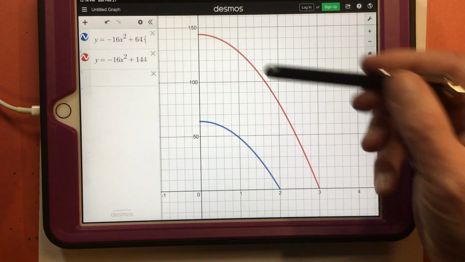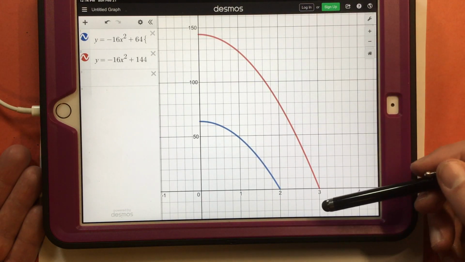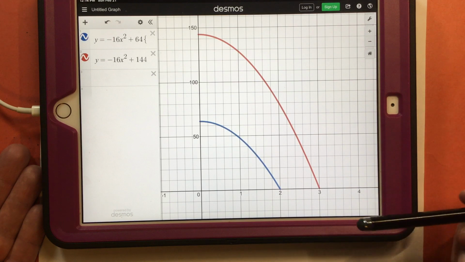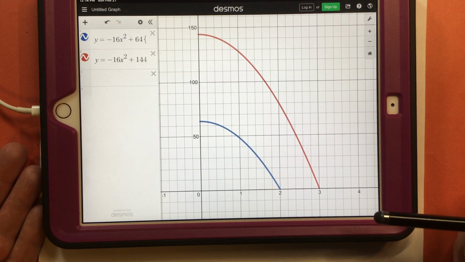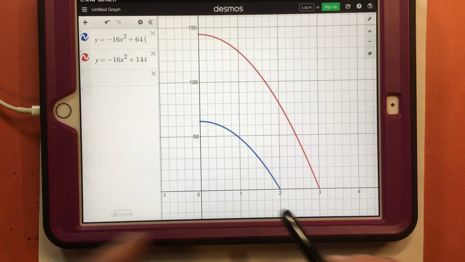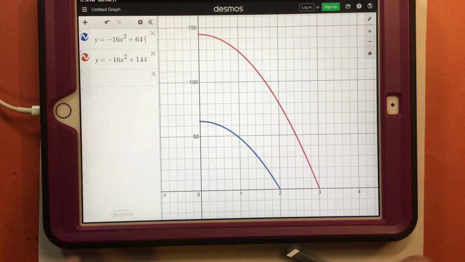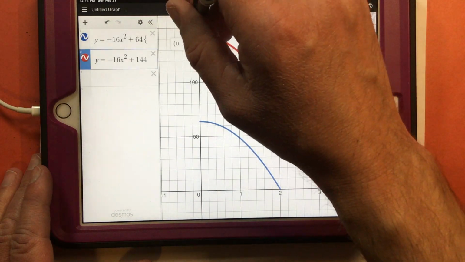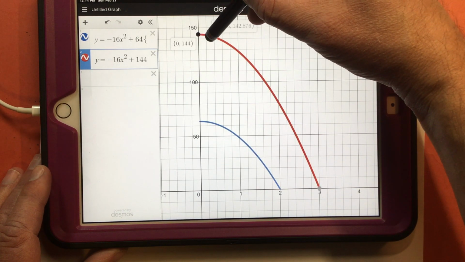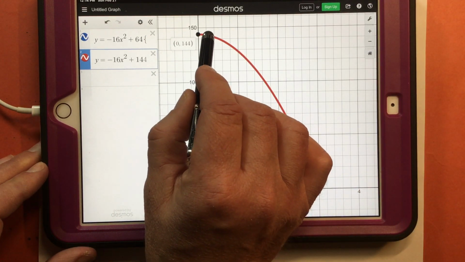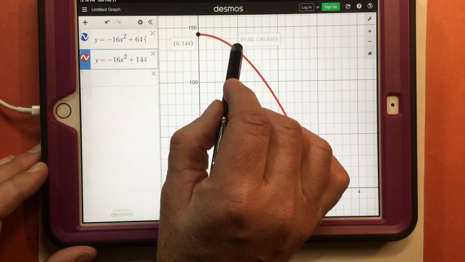All right, so now this does not mean that the other person threw the water balloon further. This is just a graph of time versus height. So at time 0, when the person dropped the water balloon, it was 144 feet above the ground. As you go, the x represents the time in seconds.